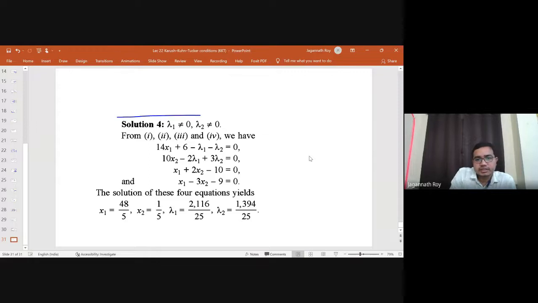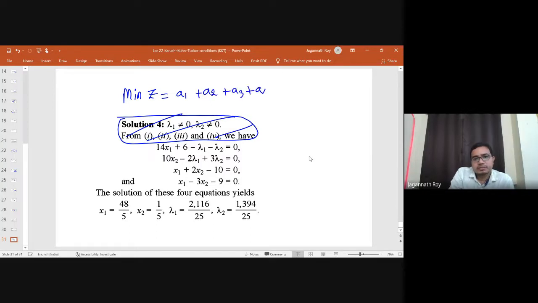So let us delete this sentence and write: minimize z equals a1 plus a2 plus a3 plus a4, subject to a1 equals 0, plus a2 equals 0, plus a3 equals 0, and plus a4 equals 0.